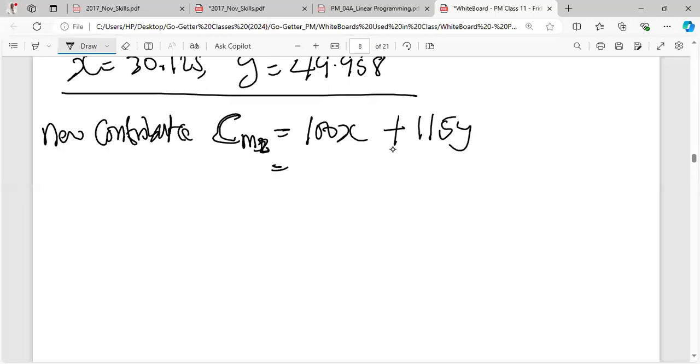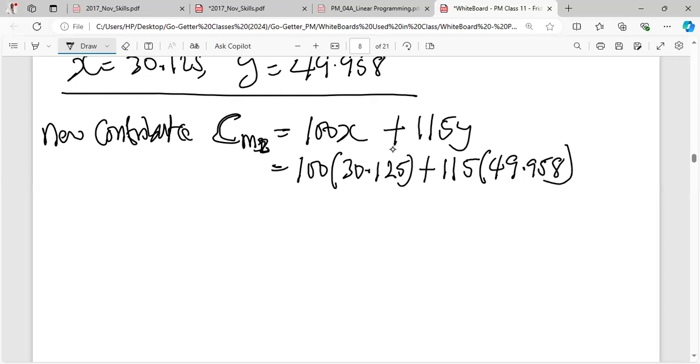Now we have 100, x is 30.125 plus 115, 49.958. So what will this give me? This will give me 3012.5. Let's test it.